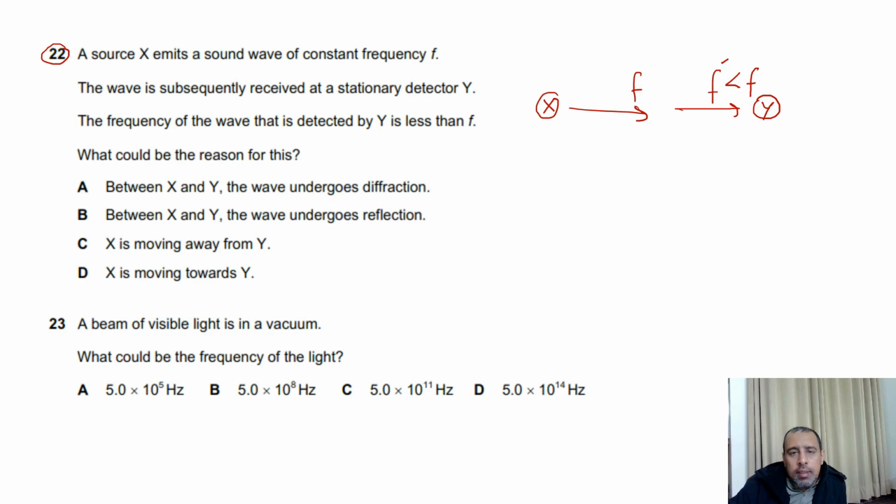And from the Doppler's effect, if the received, observed frequency decreases, it means the source or the observer is moving away. That is, X is moving away from Y, this way. That's why option C is correct.